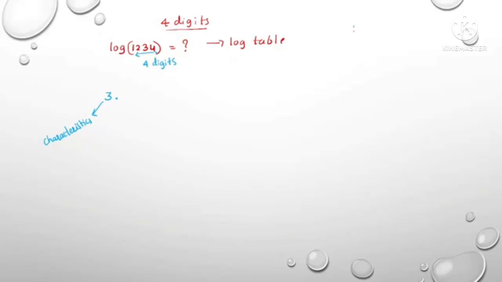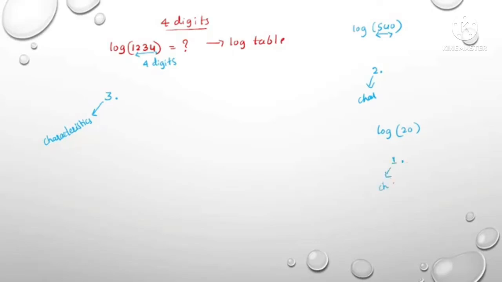Suppose the given problem is log of 540. How many digits are there here? There are 3 digits. 3 minus 1 is 2 point. This 2 is called the characteristic. Suppose the number is simply log of 20. There are 2 digits. 2 minus 1 will be 1 point.